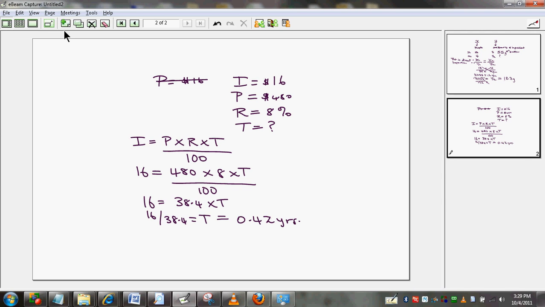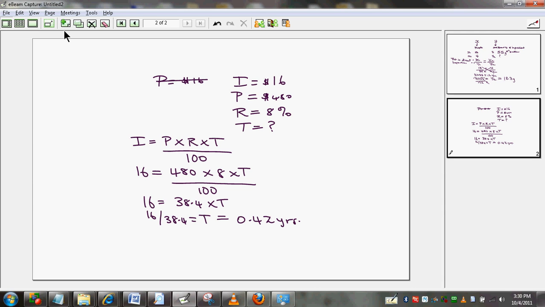Was that the answer in the book? Check it and see. 5 months. Okay, 0.42 years. How many months in a year? 12. So if you multiply by 12, you'll get the 5 months.